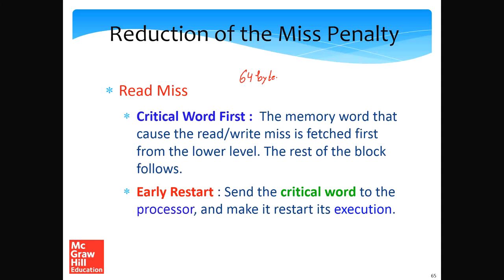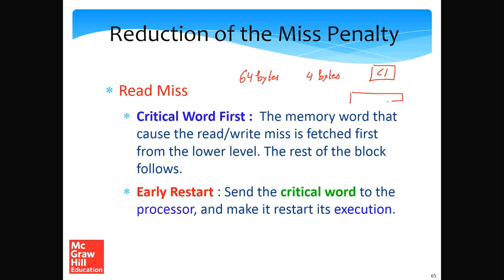But when we read an integer, that might only be 4 bytes. So in these 64 bytes, if we wanted to read an integer and didn't find it in the L1 cache, we would only be interested in 4 bytes. Even though the entire block needs to be fetched as an atom, as an indivisible unit, we are primarily interested in 4 bytes. So what we can do is slightly tweak the system here.